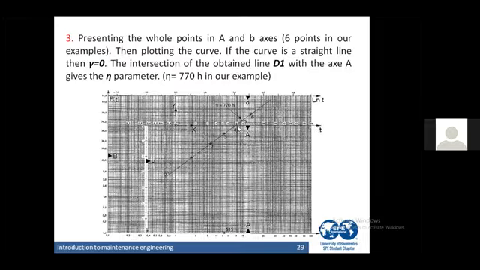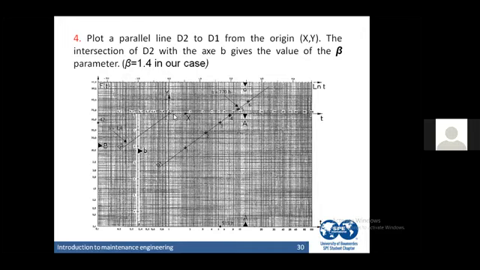The intersection of this line with the uppercase I axis gives us the parameter eta, which in this case is 770 hours. If we have a really straight line, that means our gamma is equal to 0. For beta, we just draw a line parallel to D1 starting from the origin. The intersection of this line with the lowercase b axis gives us the beta value, which in this case is 1.4.